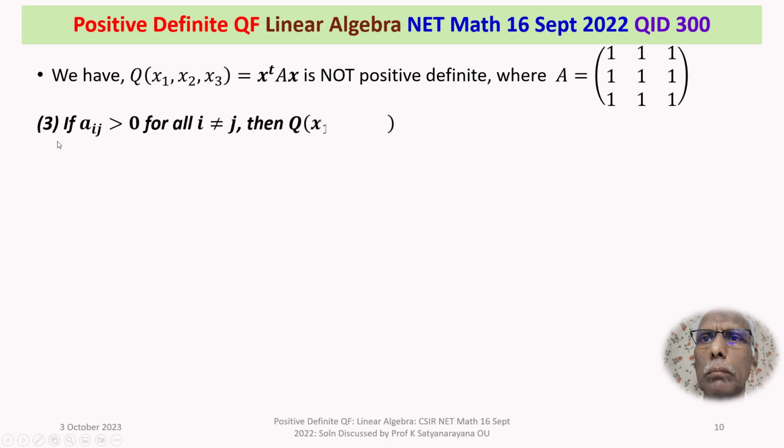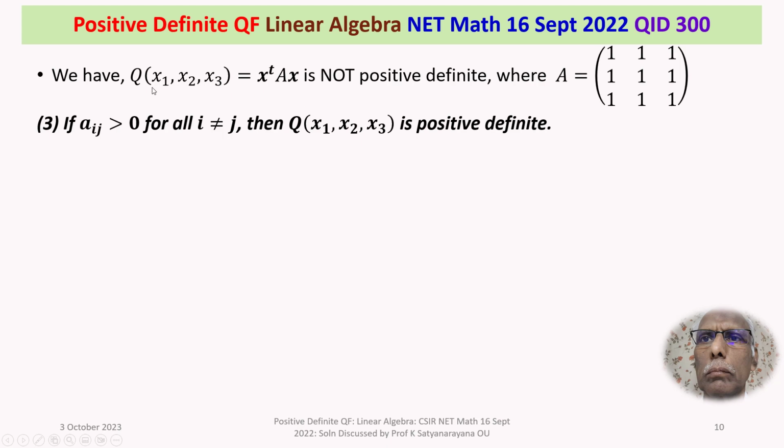Let's take option 3. If Aij is greater than 0 for all i not equal to j, then Q of x1, x2, x3 is positive definite. Now look at A. A12 is positive, A13 is positive, A23 is positive. So Aij is greater than 0 for all i not equal to j.